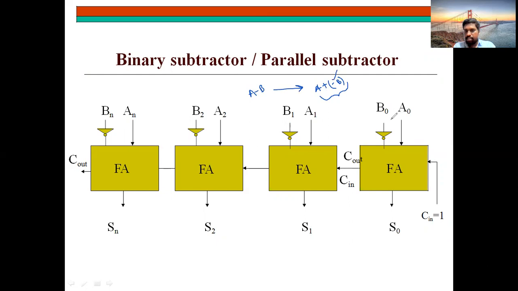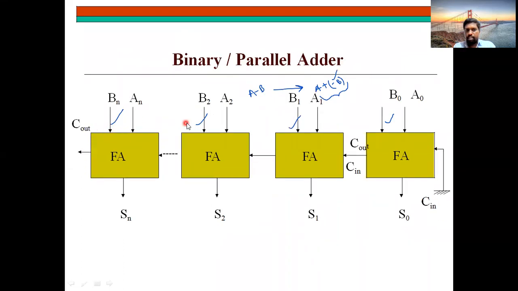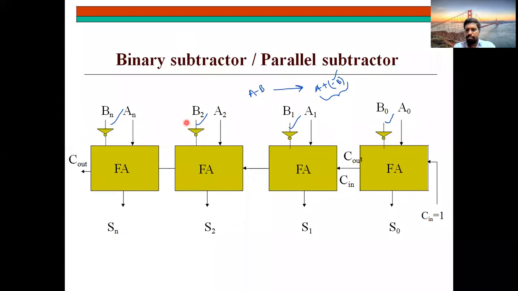Like this, add an inverter for b, same diagram, add an inverter for b. That's it. If you see the previous diagram, there no inverters are there, but here inverters are there. This diagram is the same.